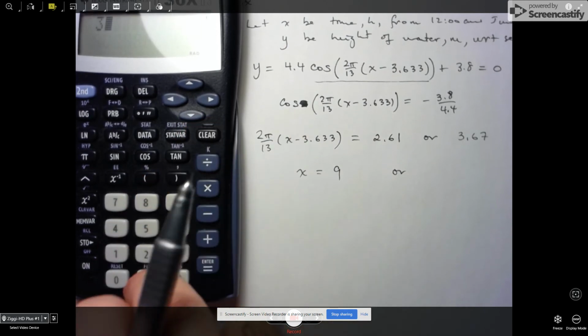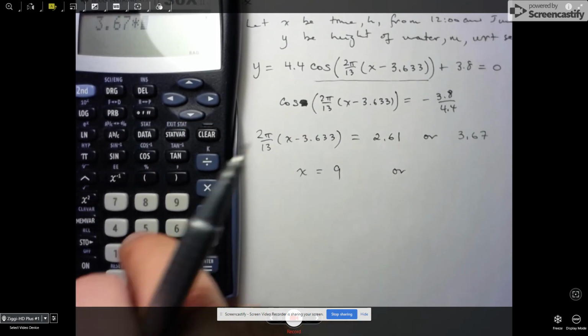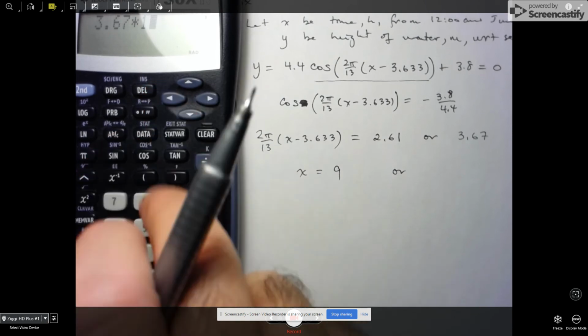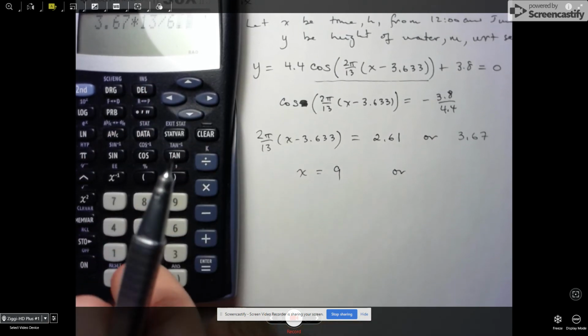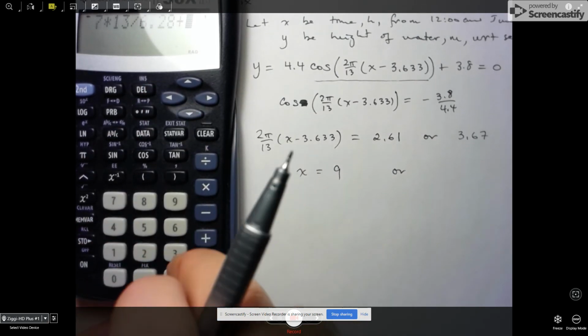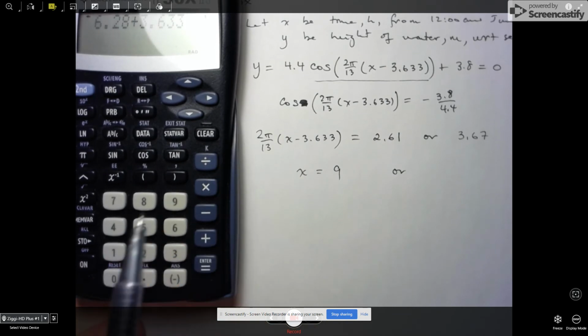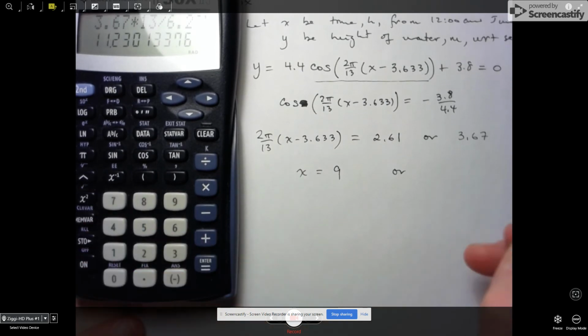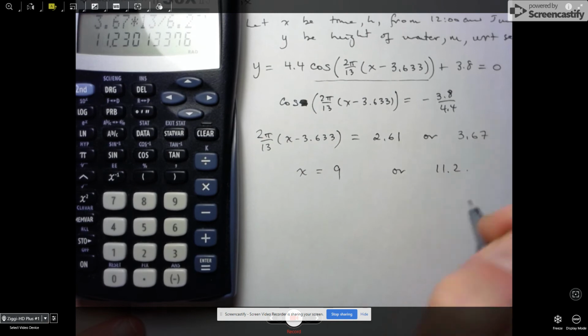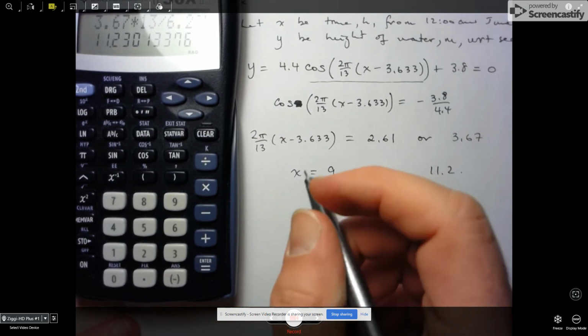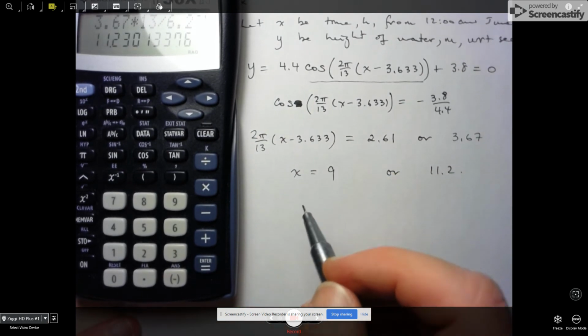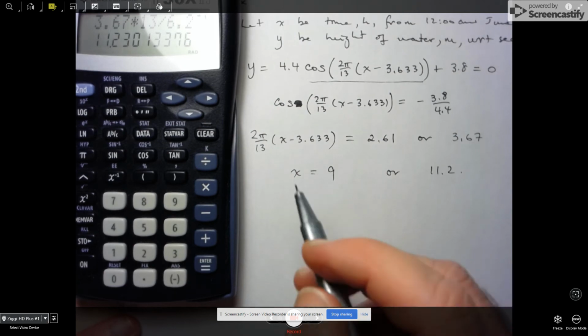So 3.67 times 13 divided by 2 pi, plus 3.633, and that gives me 11.2.